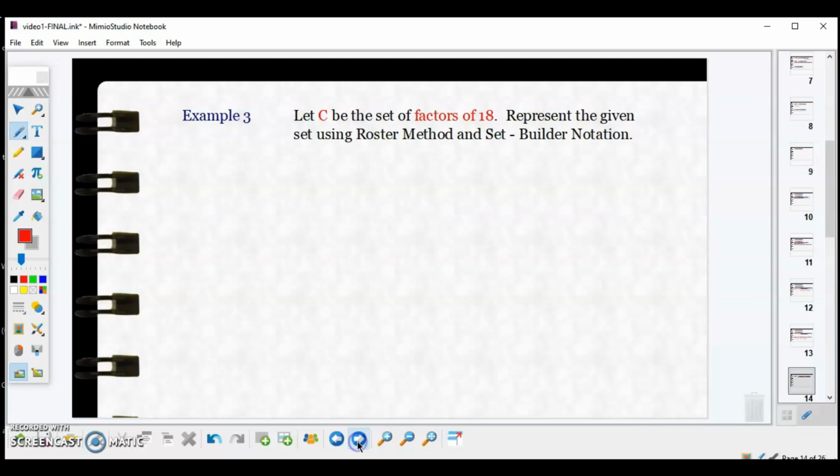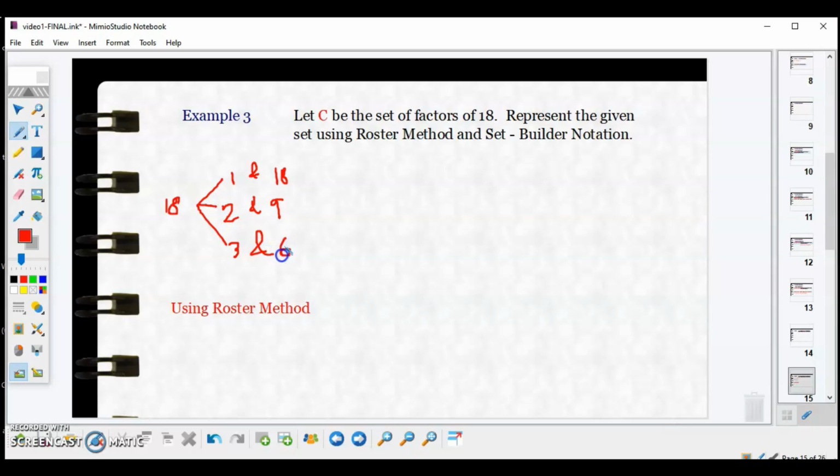That's it. Now, example 3. We are going to discuss the factors of 18. Do you still remember the factors of 18? Okay, let's see. For 18, we have 1 and 18, 2 and 9, 3 and 6.